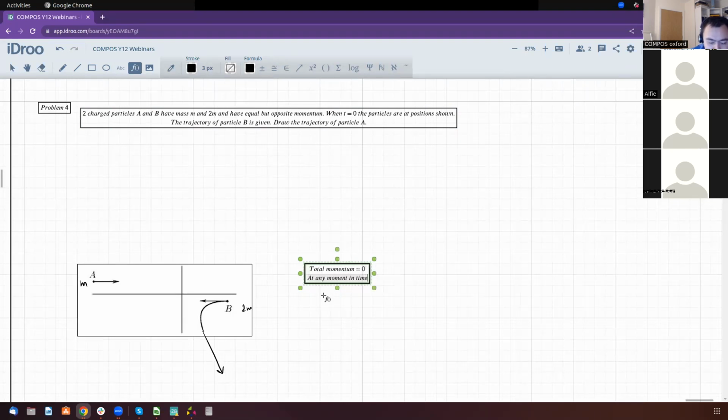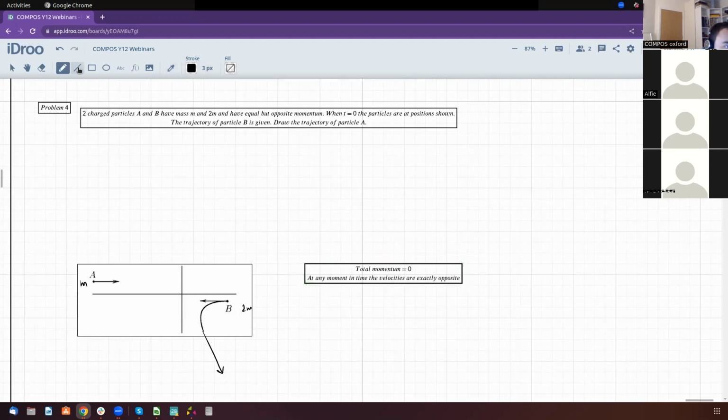So that means at any moment in time, the velocities are exactly opposite. That means that the final velocity of A is this way.